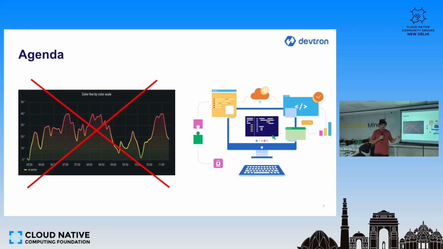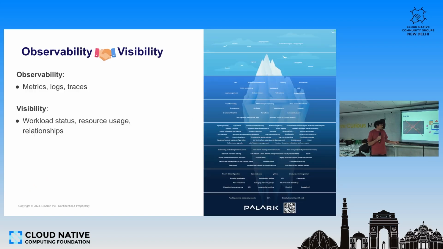To clear the agenda, it will not be about any Grafana or Prometheus dashboards. It will be more focused on the Devtron dashboard, how Devtron provides visibility to your workloads and how you can operate your Kubernetes infrastructure. So, observability meets visibility.